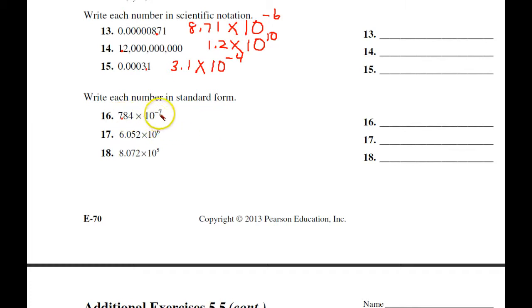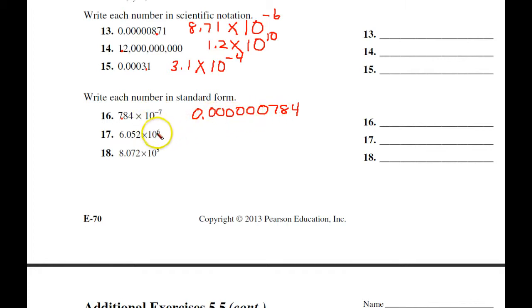Okay, now what we need to do is move the decimal to the left 7 places. So there's 1, so I have to add 6 zeros. We don't count that one. 1, 2, 3, 4, 5, 6. There's my 7, 8, 4.